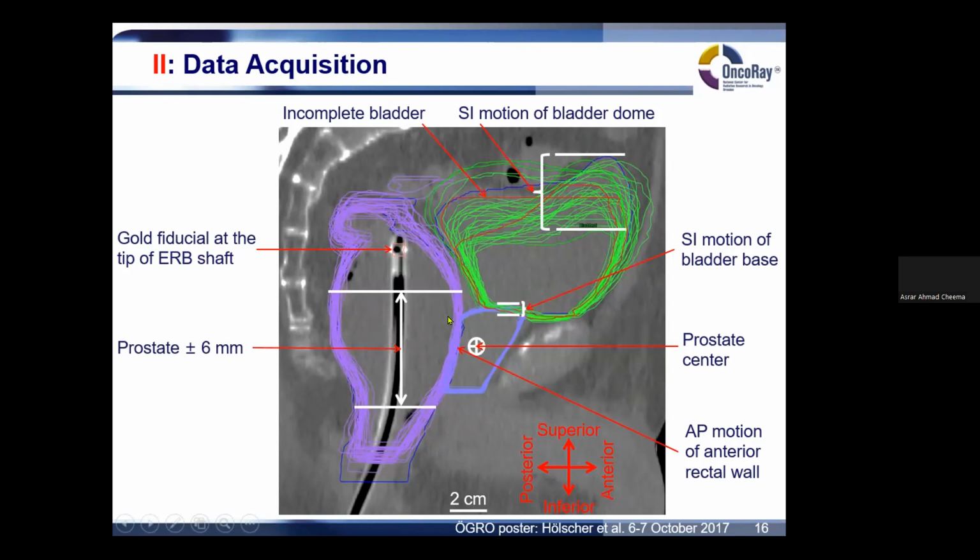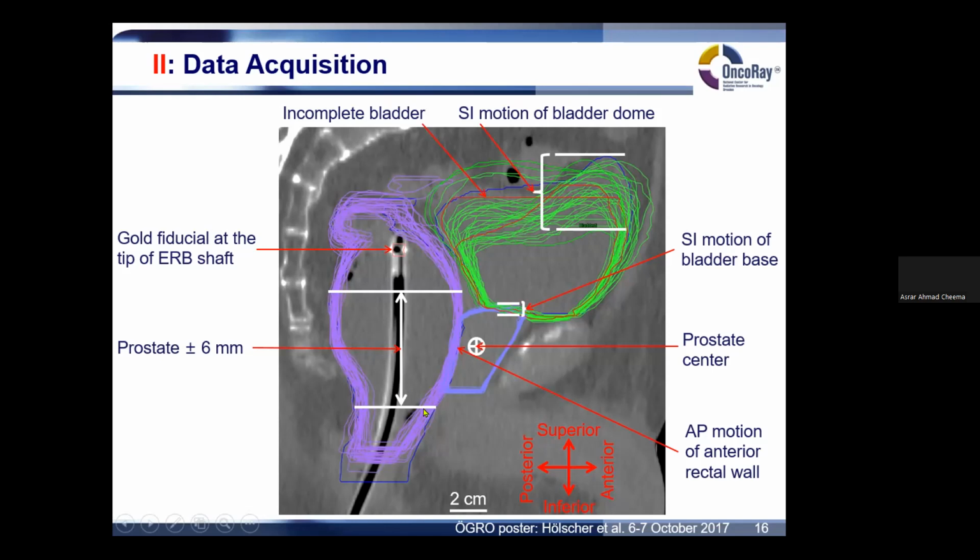The rectal volume was taken around the prostate. Prostate plus minus 6 mm of the rectum was selected for rectal volume analysis because the rest of the rectum is not relevant, and due to scan length variation, that region is also not relevant. If we include the whole rectal volume, it can lead to a scan length variation confounding effect.